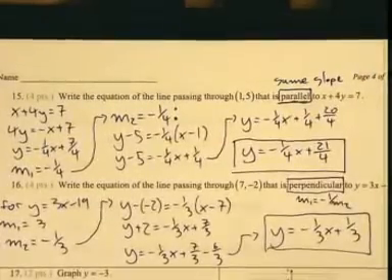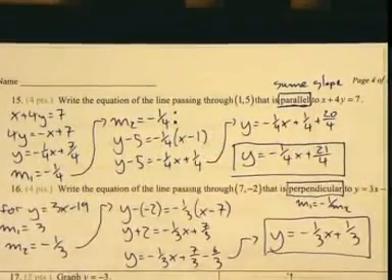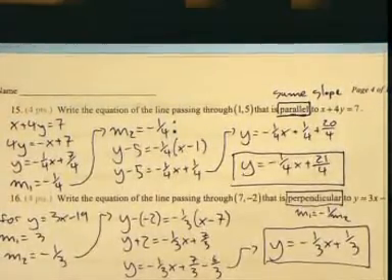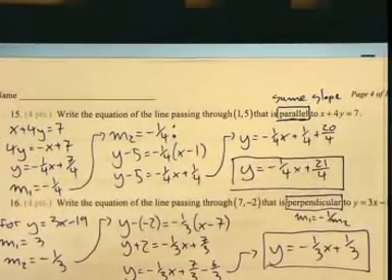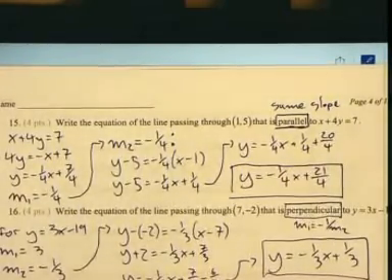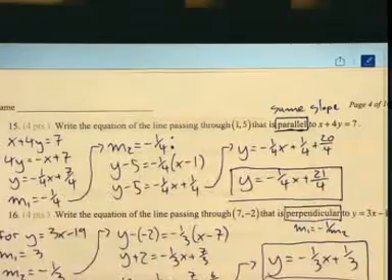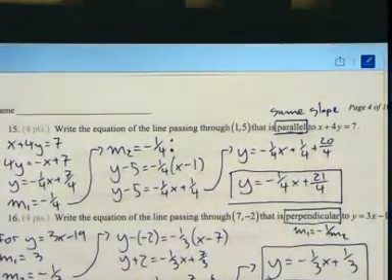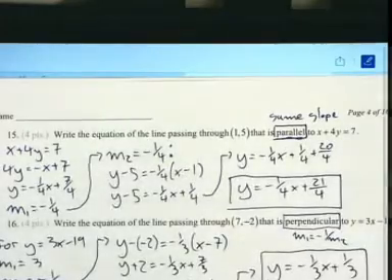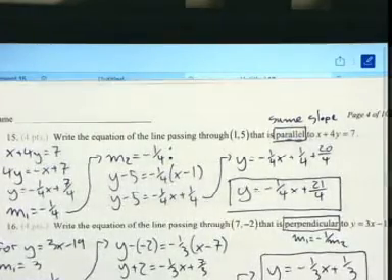So I'll talk about 15 and 16, because I think there were some common errors here with 15 and 16. I think it had to do mostly with dealing with the fact that we had to add fractions together. I think that was the most troubling part for a lot of us.